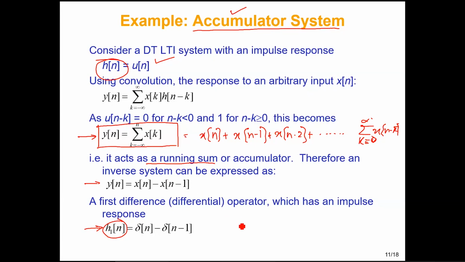So if we convolve u of n with delta n minus delta n minus 1 and see what we end up getting, this convolution is going to give us u of n, and this convolution is going to give u of n minus 1, and the difference of these two would be delta n. Yes, they are inverses of each other, so it is right.